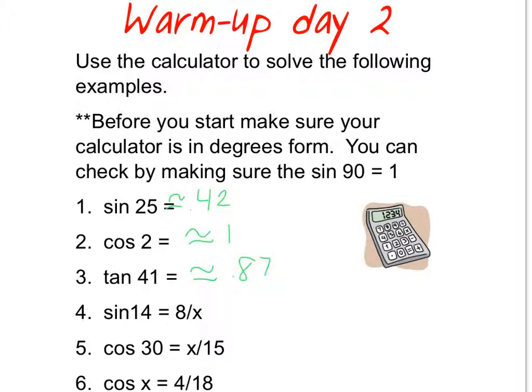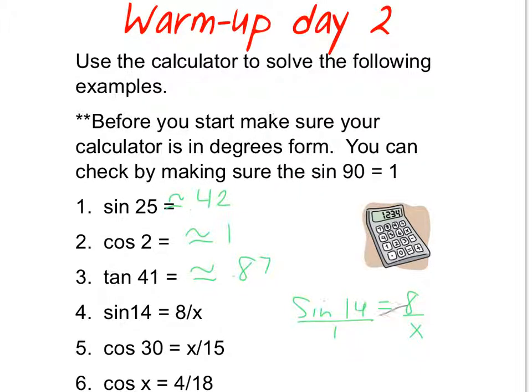And when I do number 4, I must set it up as a proportion, the sine of 14 equals 8 over x. I put it over 1 to set it up as a proportion, and then I do something called the fish hook. I look at my problem, opposite the x. So I start at my 8, I multiply here, and then I divide here, and that'll give me the answer for x.